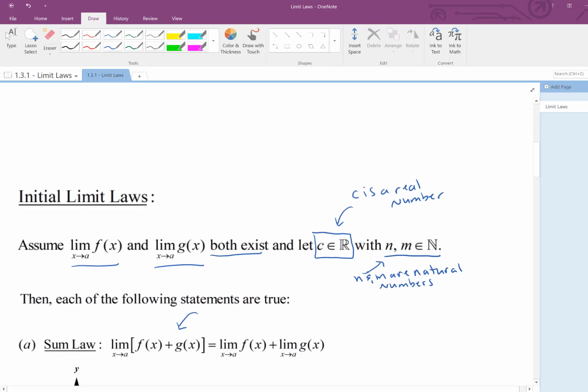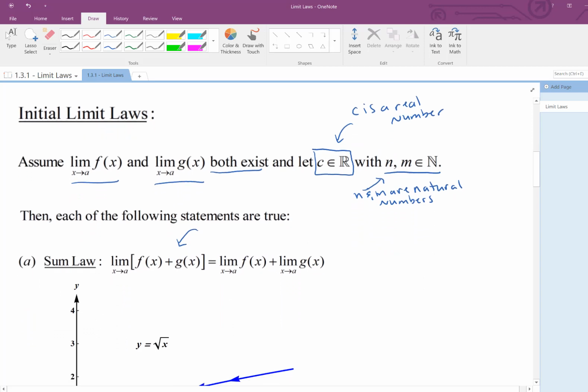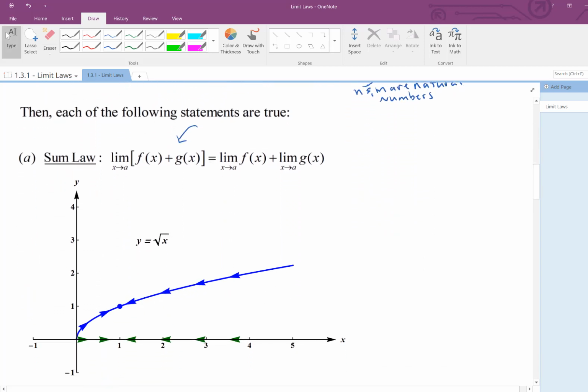So let's think about that. We've got two functions. Just think of one function here, the square root function, y equals square root of x. Let's pretend this is our f of x. Look at the picture there. We are investigating the limit as x approaches 1.